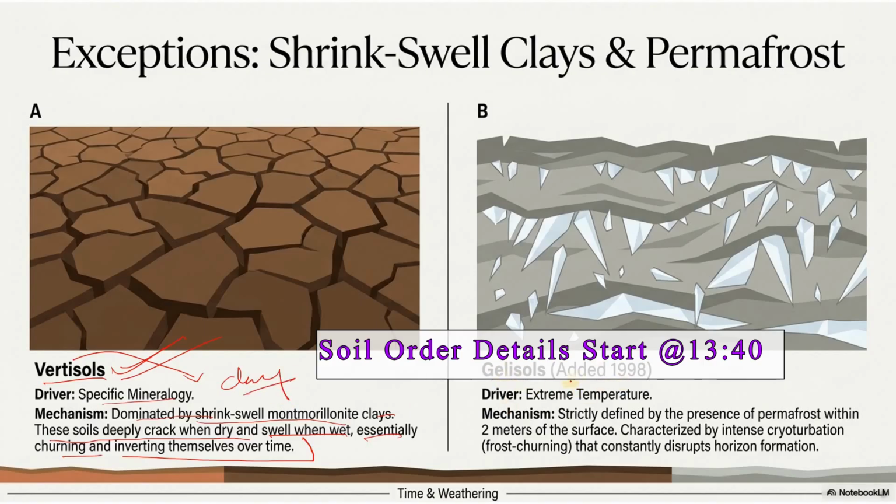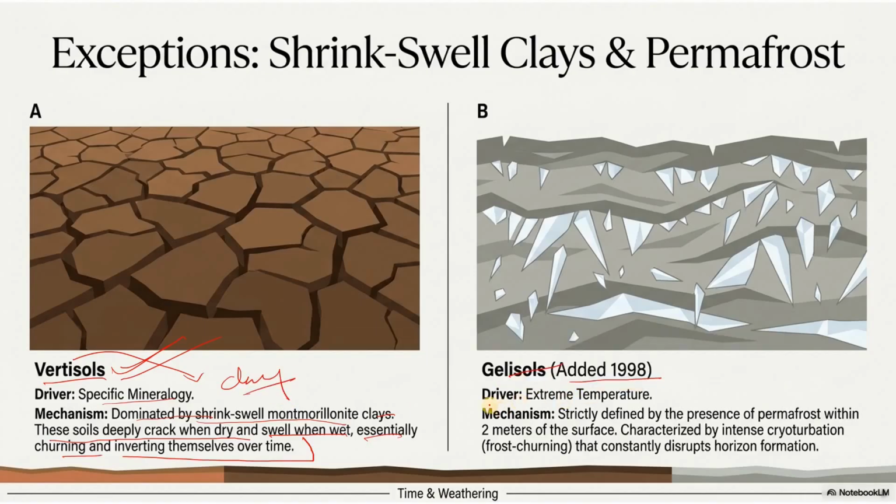And Gelisol, added in 1998. The driver is the extreme temperature mechanism, strictly defined by the presence of permafrost within 2 meters of the surface, characterized by intense cryoturbation, that is forced churning, which constantly disrupts horizon formation. It means there is no soil profile development.